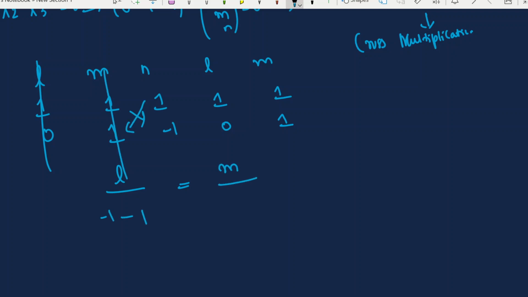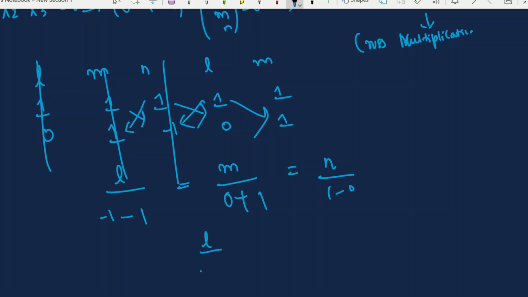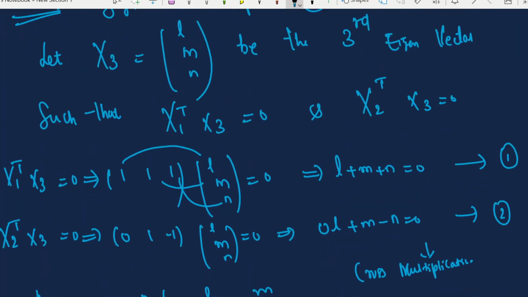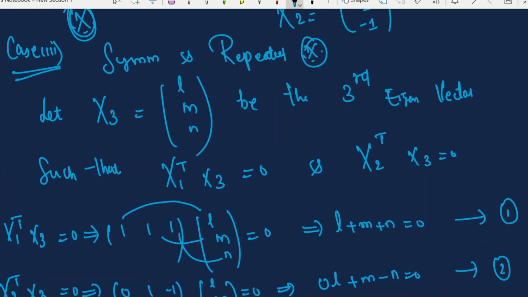M divided by 0 minus of minus 1, so plus 1. N divided by, neglecting L, 1 minus 0. So L divided by negative 2, M divided by 1, N divided by 1. So this is our third eigenvector.